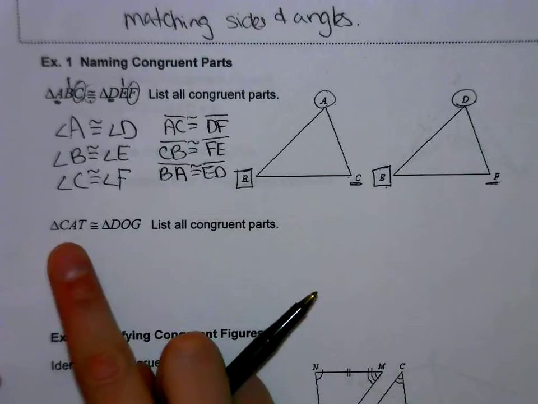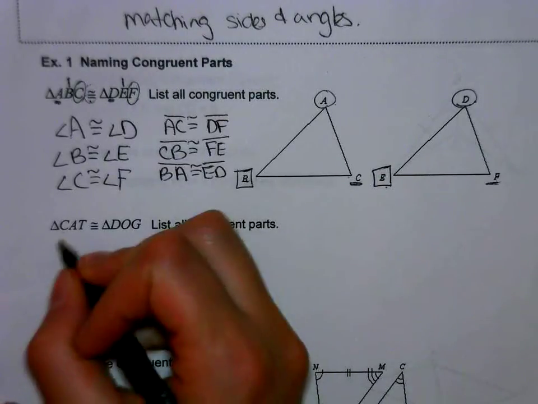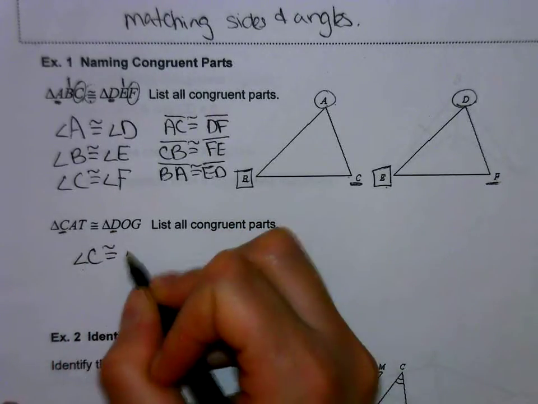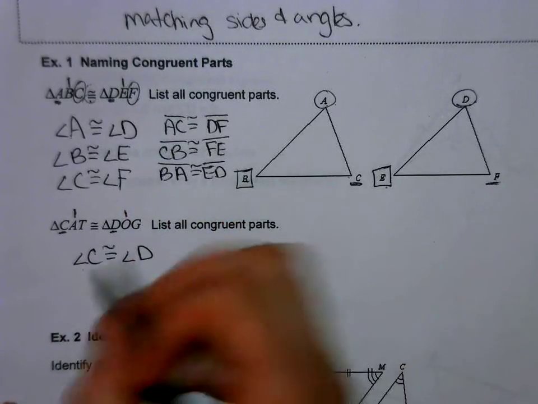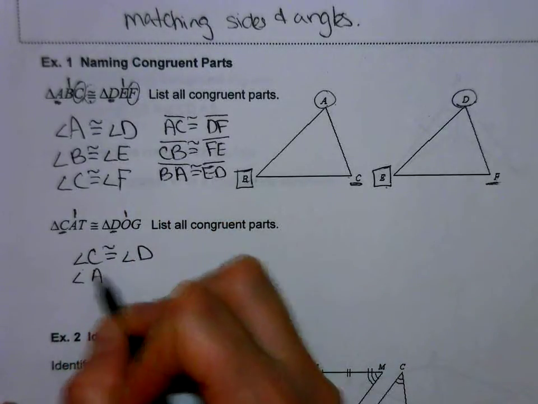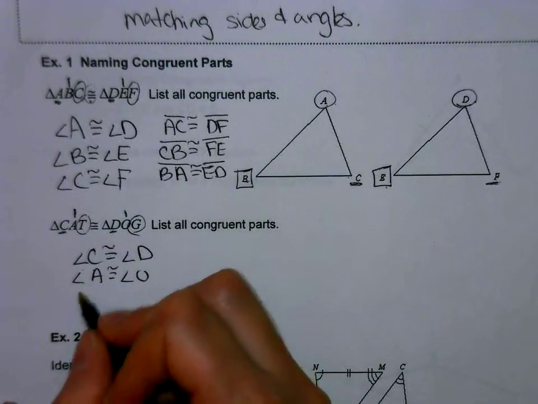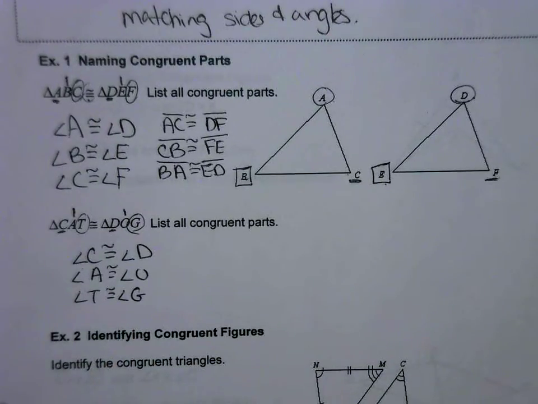Now if we look at triangle CAT, and it's congruent to triangle DOG, we know C and D are congruent to each other, so angle C is congruent to angle D. A and O, so angle A is congruent to angle O. And T and G, angle T is congruent to angle G. So now let's find their sides.